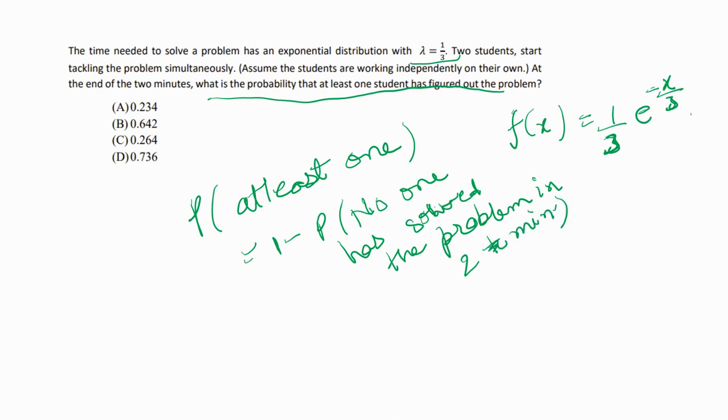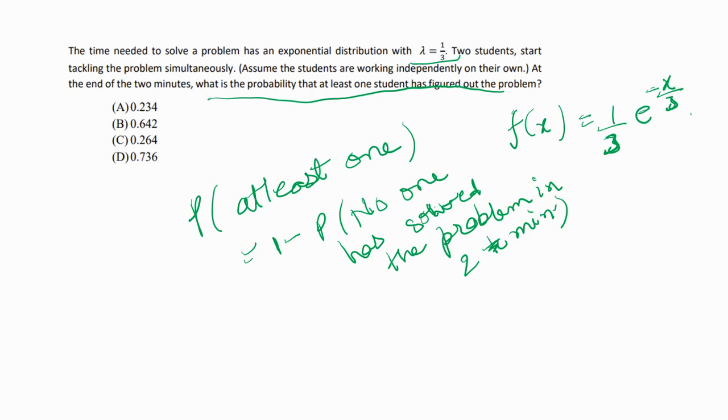Now, no one has solved the problem in 2 minutes. That means the person has taken more than 2 minutes to solve that problem. So both of the students have taken more than 2 minutes.